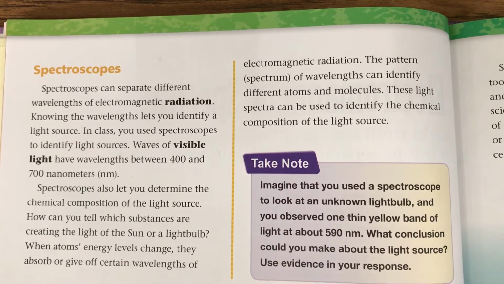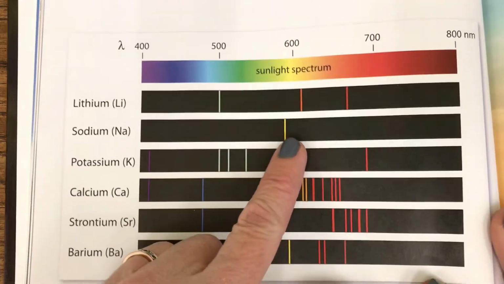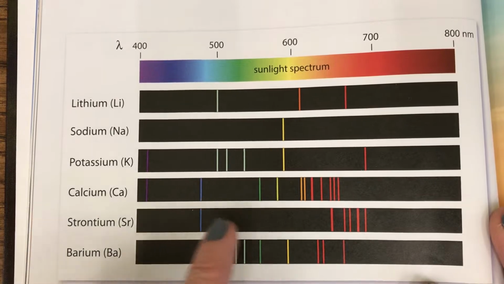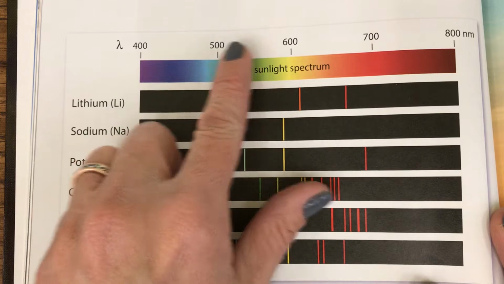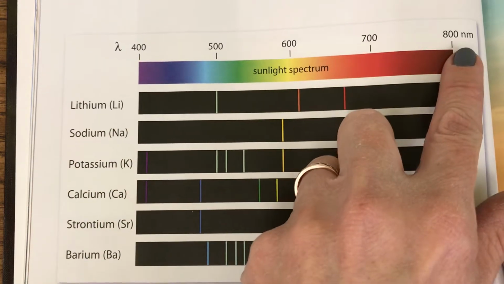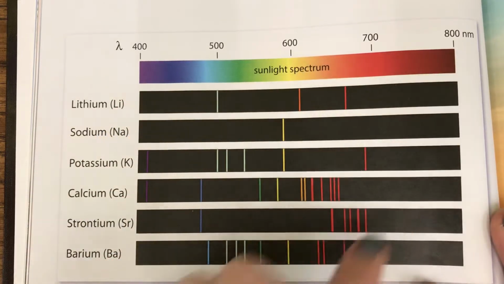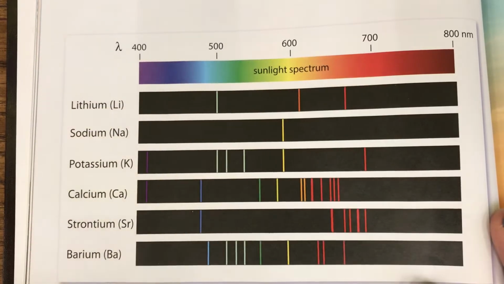So, in order to answer that question, I would come down here to this data table of wavelengths, and this is 400 nanometers, 500 nanometers, 600 nanometers, 700 nanometers, and 800 nanometers. This top bar shows you the electromagnetic spectrum for sunlight. You notice it's blended, okay?